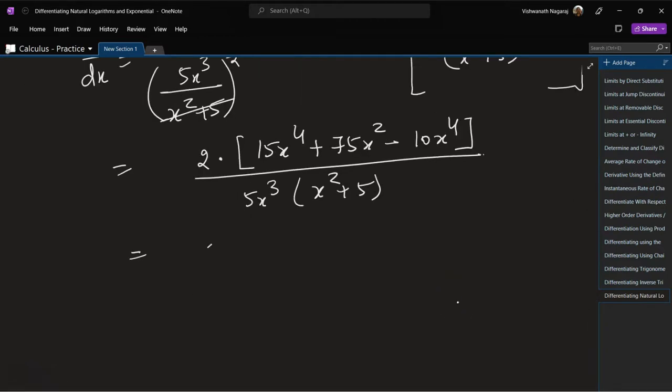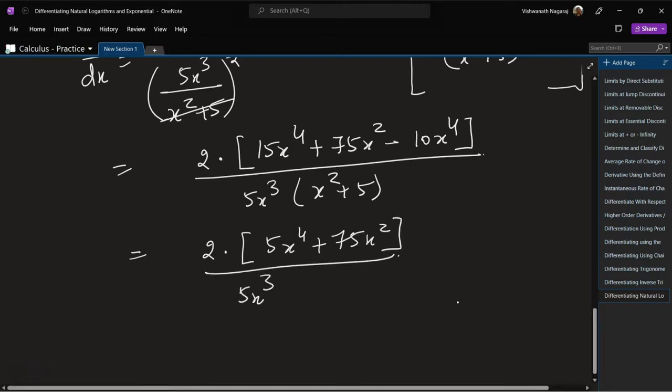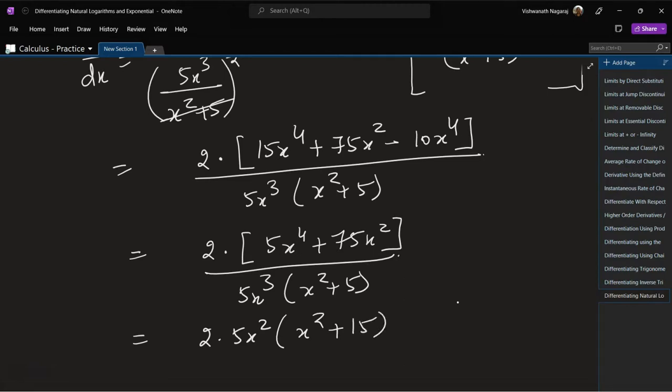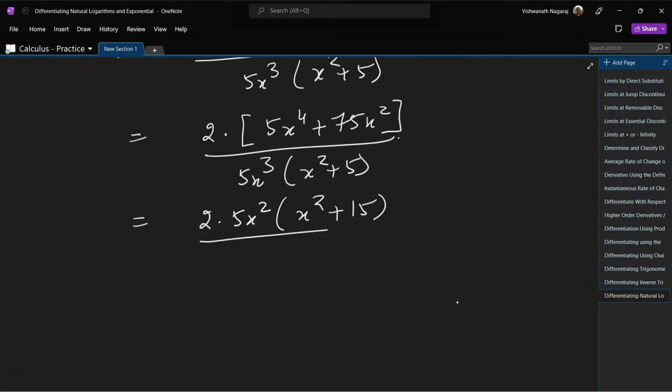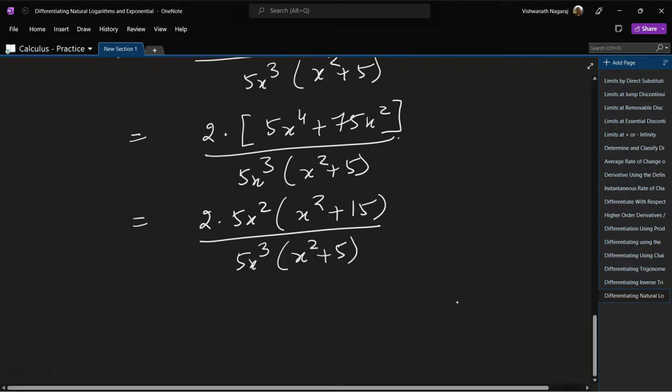Now let's simplify this. 2 times 15 minus 10 is 5x^4 plus 75x square divided by 5x cube times x square plus 5. Here again we can take 5x square out and we are left with x square plus 15, divided by 5x cube times x square plus 5.